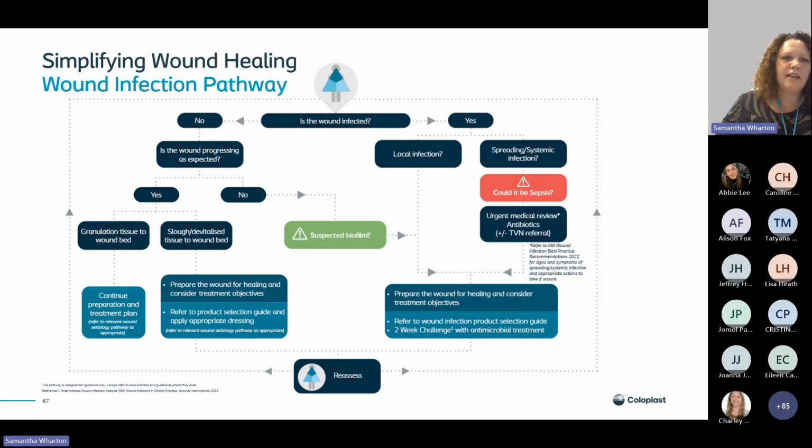If the wound is not progressing as you were expecting, there's no signs of infection, but it's just not progressing as you would expect, so it may be a bit of a static wound. That leads you on to, is there a suspected biofilm? Like we say, over 80% of long-standing non-healing wounds will contain a biofilm. And at this point, we need to be thinking, do we need to introduce an active agent as per the international best practice guidelines?